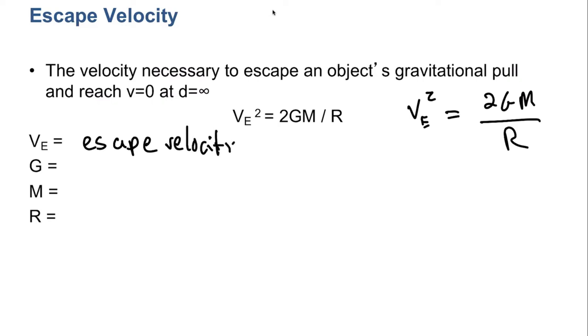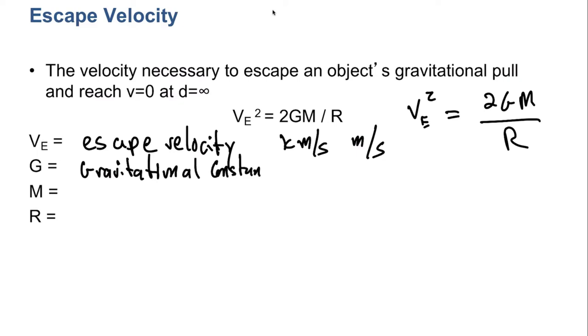It's going to have units of velocity, so kilometers per second or meters per second or whatever you want to use for your distance and time unit. G, of course, is the gravitational constant, 6.67 times 10 to the negative 11 meters cubed per kilogram times second squared.